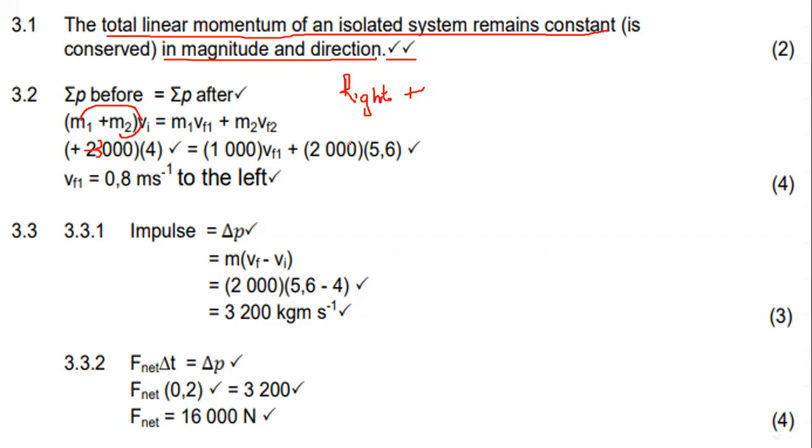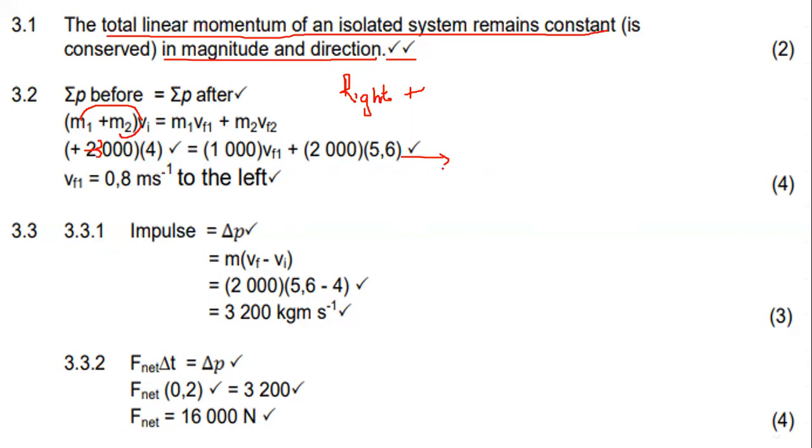If you bring the 11,200 to this side and subtract it from the 12,000, you will be left with 800.